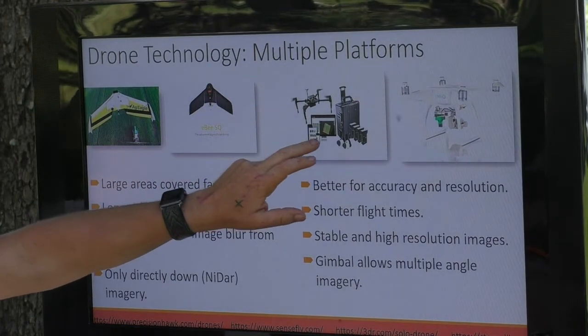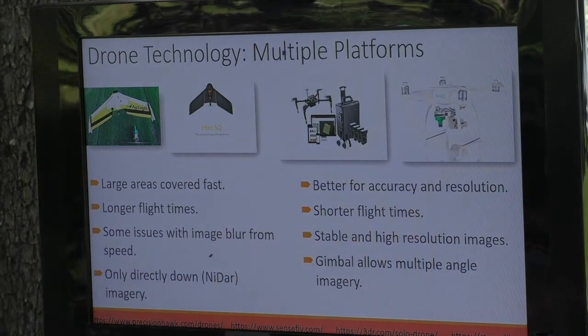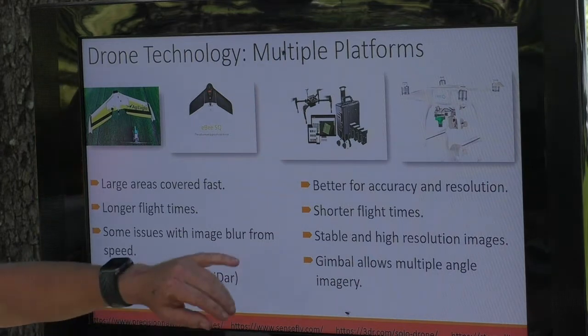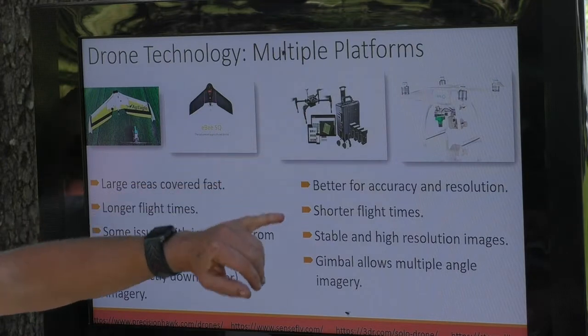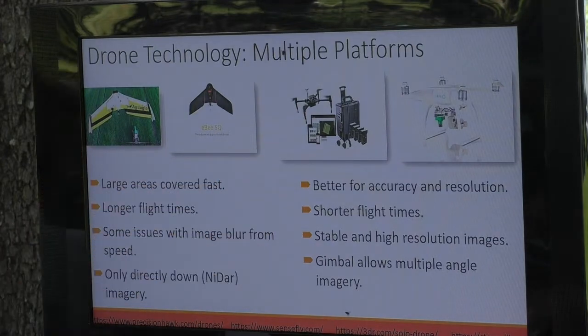And then we have our quadcopters, we call them. So we've got 4 engines here, right? Those are more popular now, and they even have huge ones. Anyway, these quadcopters, very common. They're really good for accuracy and resolution. Shorter flight times, but really good these days, like 15 to 17 minutes.